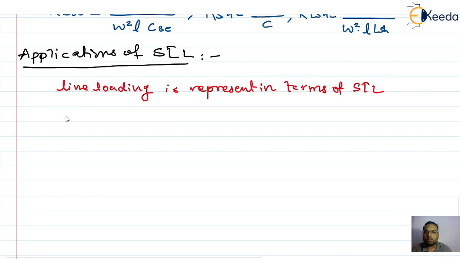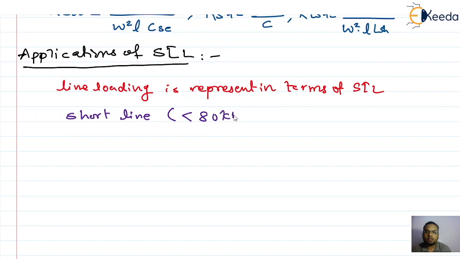Let's say for a short transmission line, whose length is less than 80 kilometer, in uncompensated condition, loading on this short transmission line can be in the range 1.2 to 1.5 times the SIL.